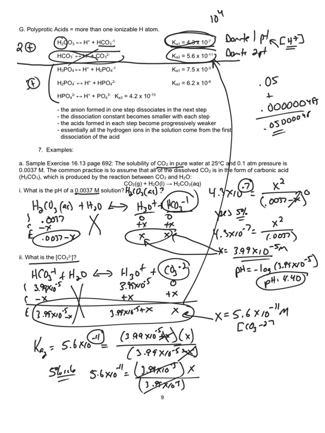So the amount of carbonate ion that's present in this solution is this molarity, an extremely small amount of carbonate ion. Okay? But I'm also going to prove a point to you now. So actually the H3O plus concentration is not 3.99 times 10 to the negative 5th. It's really 3.99 times 10 to the negative 5th plus 5.6 times 10 to the negative 11th.